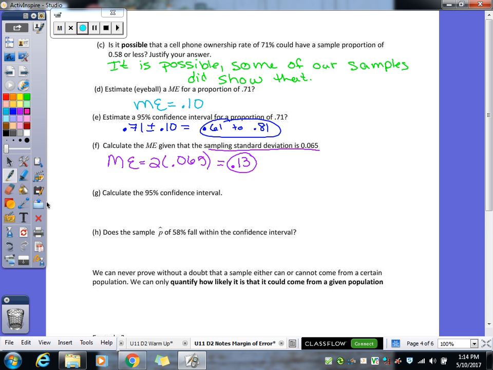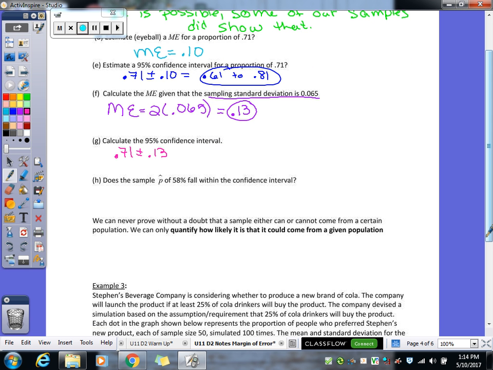So now, knowing our actual margin of error, they want us to calculate our 95% confidence interval. So our 0.71 plus or minus our margin of error of 0.13. So 0.71 minus the 0.13, what do we get? 0.58.